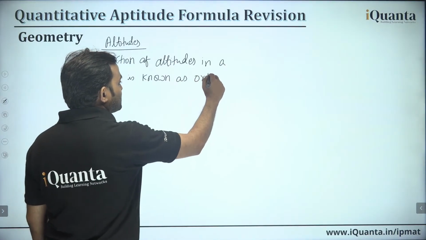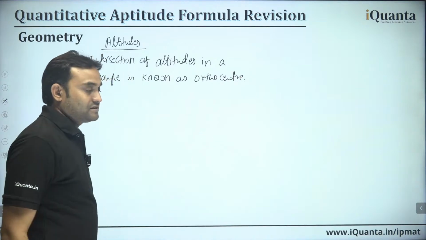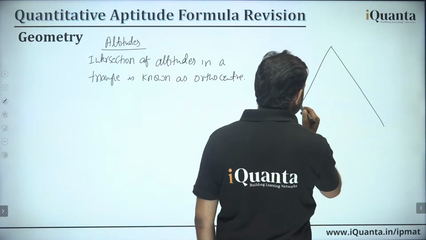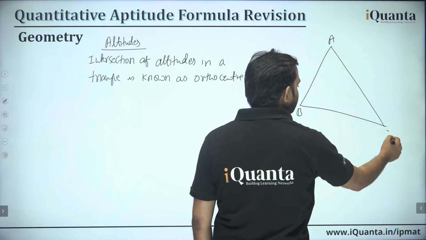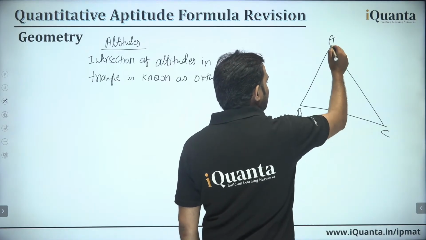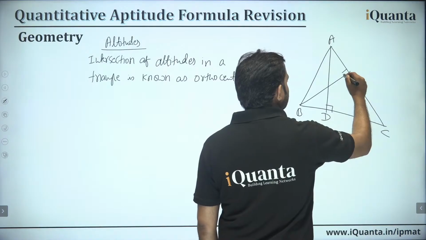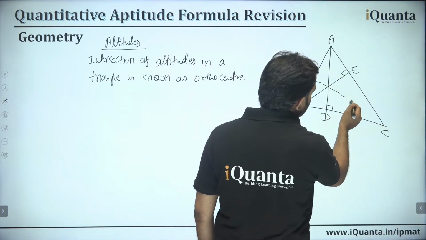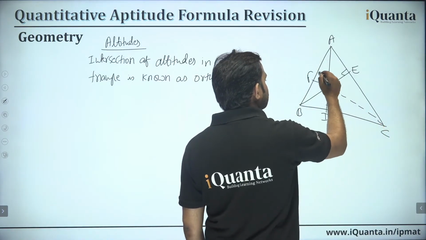What do we call it? We call it orthocentre. Okay. Triangle ABC, है ना? One altitude AD, another altitude BE, then the third one must be passing through this intersection point, which is known as H. So this is F.